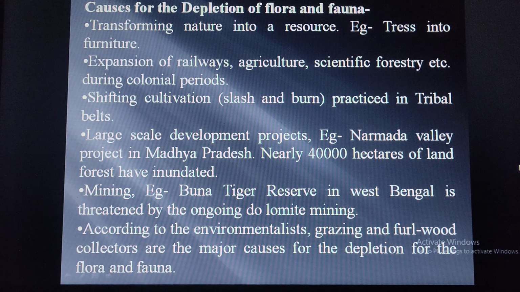Then mining activities, for example the Dooars region tiger reserve in West Bengal is threatened by ongoing dolomite mining. According to environmentalists, grazing and fuelwood collectors are the major cause for the depletion of flora and fauna.